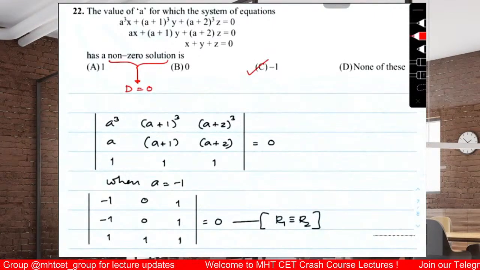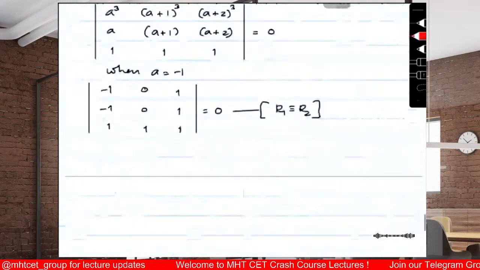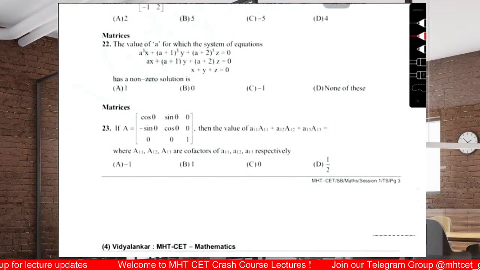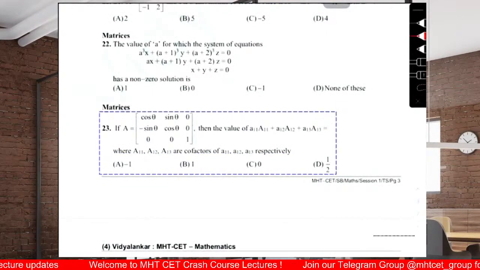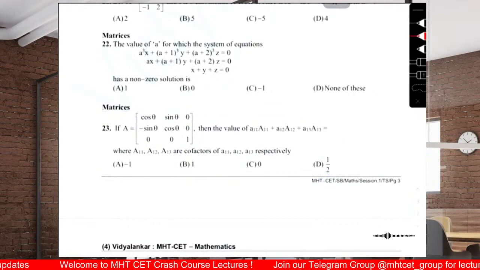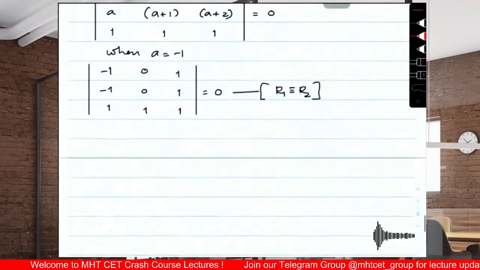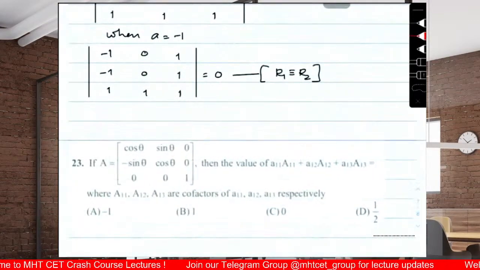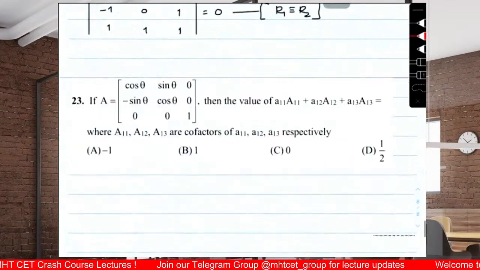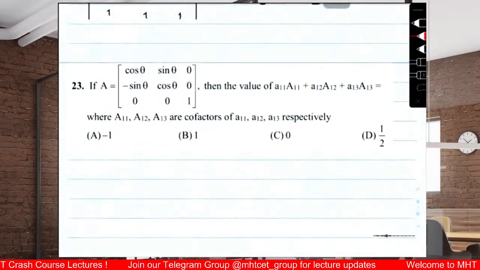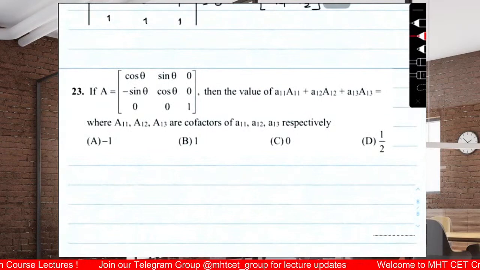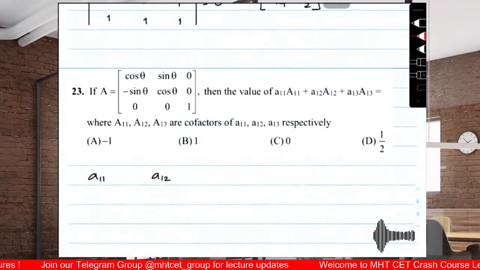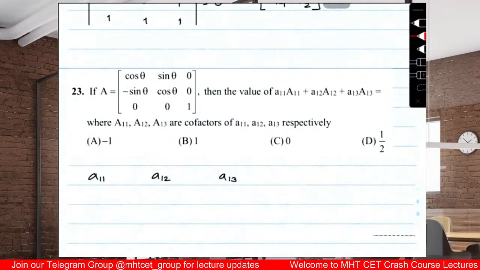Next is 23rd. 23rd में you know this property, right? कोई भी एक मैट्रिक्स है, elements of first row are a11, a12, a13.